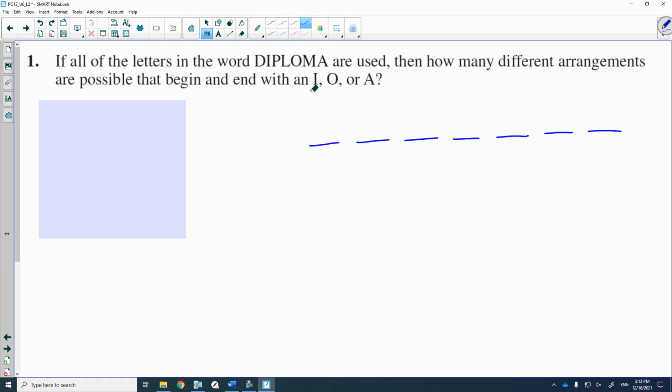And it is how many different arrangements can we make that start and end, so the first stage and the last stage are going to be an I, O, or A. So the first stage, I've got a choice between an I, O, or A, and the last stage, I, O, or A. So in this first stage, I have 3 letters to choose from. Then I go to my last stage, and if I've placed one of those 3 letters here, that leaves me with 2 remaining letters to choose from to go there.